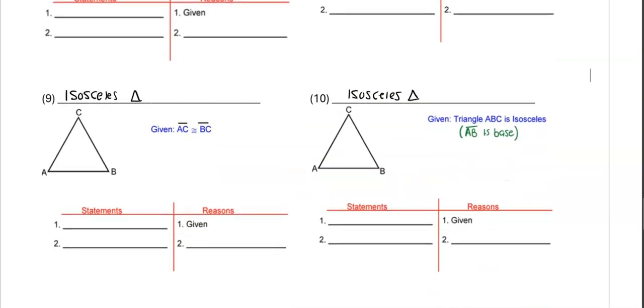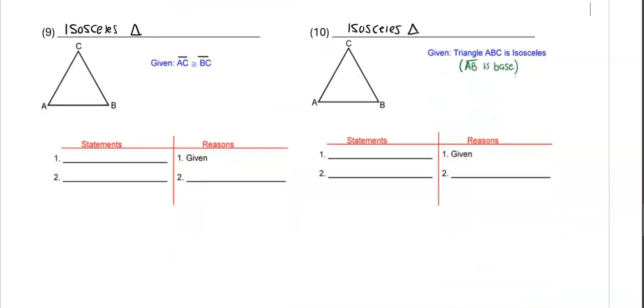Last but not least, focusing on 9 and 10, I want you to think about the fact that this is telling you something specific about this triangle over here, and think about what conclusions you could make. Vice versa, in number 10, I'm telling you straight up that the triangle is isosceles. I want you to think of some conclusions that you can write down here.